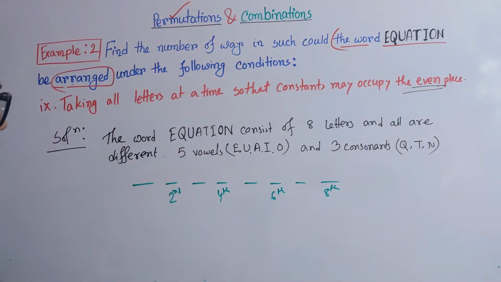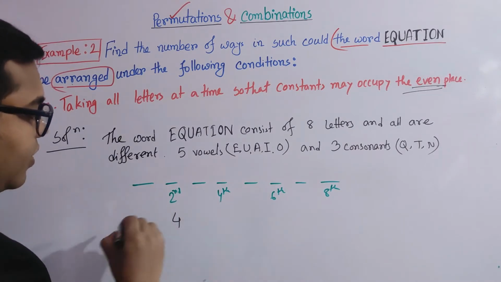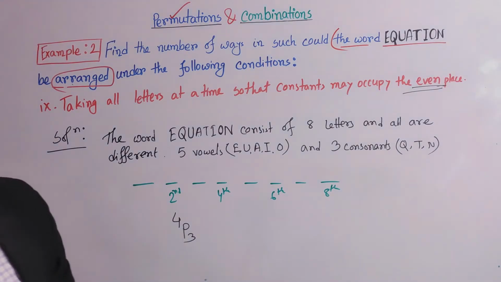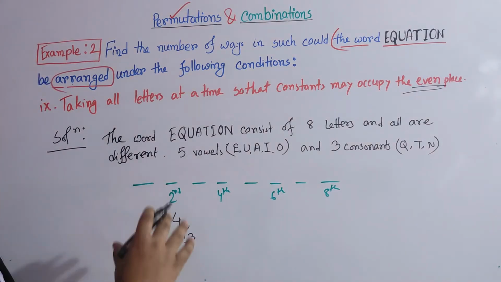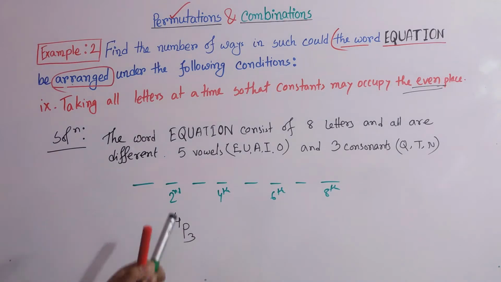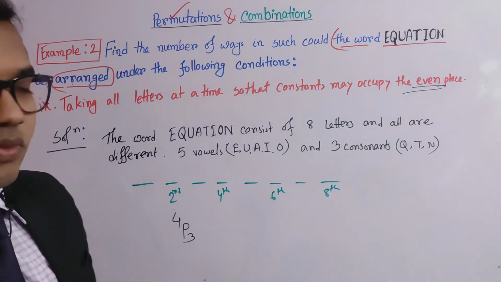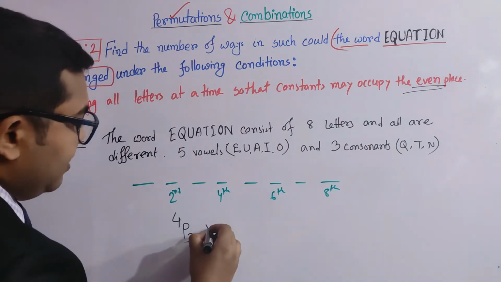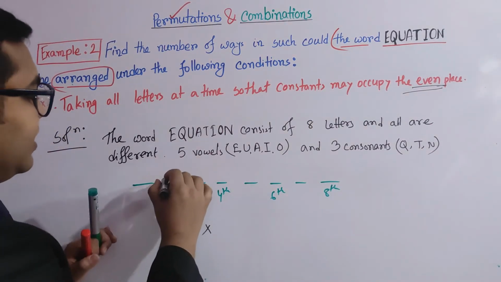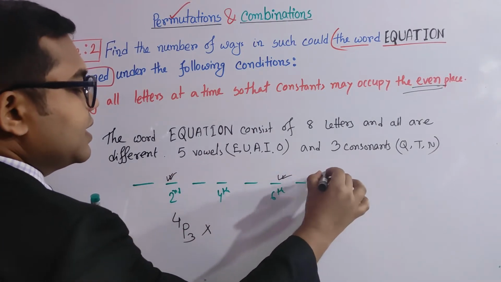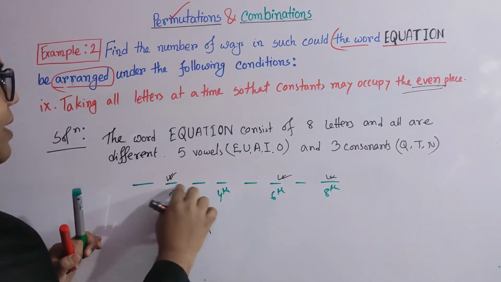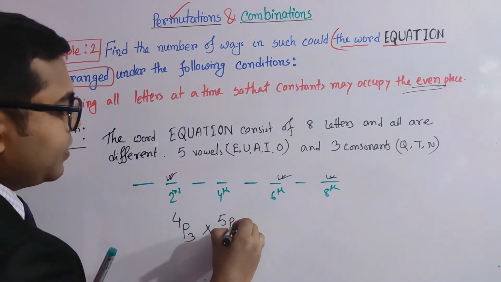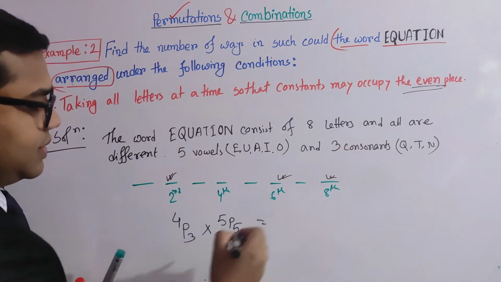By how many ways? 4 is the total places, and we'll put 3 consonants. So in these 4 even places, we can place 3 consonants by 4P3 ways, multiplying with the rest. If we select these places, then the other 5 places will be for the 5 vowels by 5P5 ways. So that's the answer.